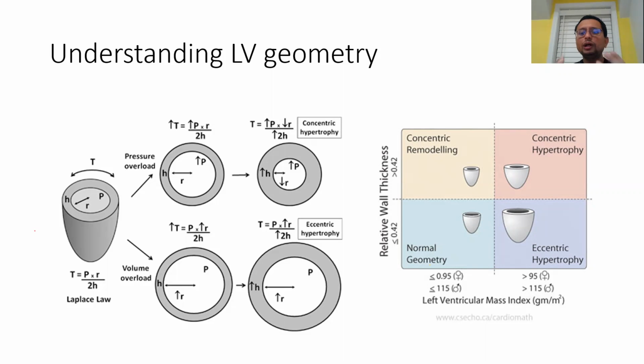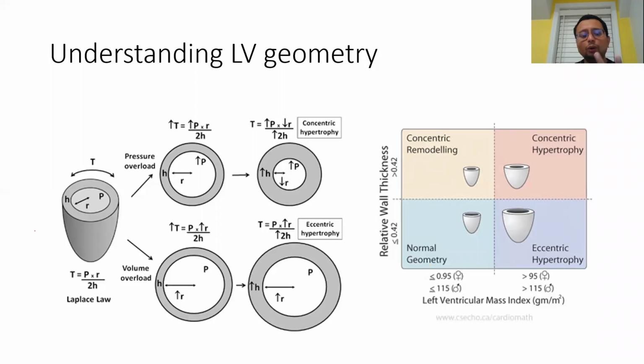The formula to calculate this is 2 times posterior wall thickness in diastole over left ventricular internal dimension in diastole. Any number that is more than 0.42 is considered abnormal.